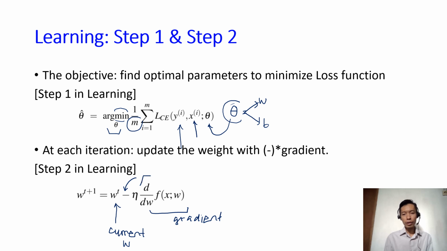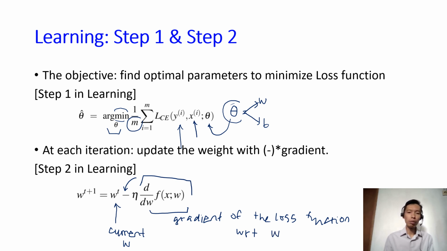So this term is the gradient of the loss function with respect to the parameter that we try to improve, for example, with respect to W. And this eta here is a constant. Usually this is small, like 0.1 or smaller than that.